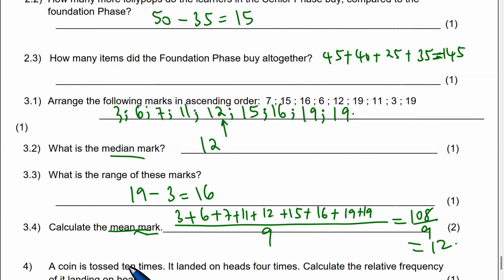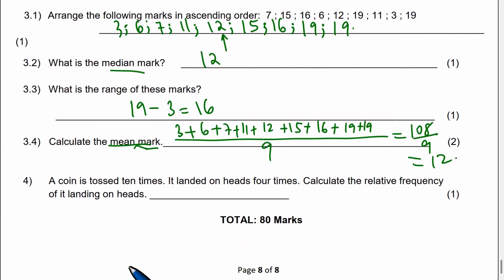Okay, next question. A coin is tossed 10 times. It landed on heads 4 times. Calculate the relative frequency of it landing on heads. Okay, so what answer do you get? So it landed on heads 4 out of 10 times.